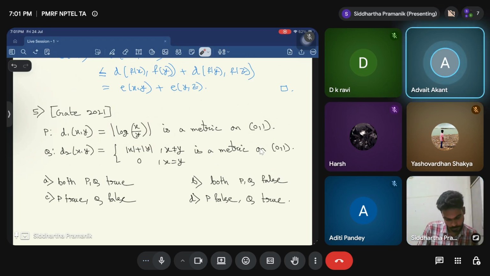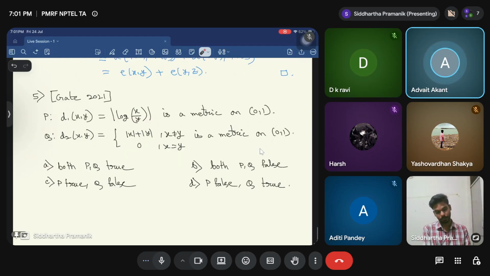Because it is clearly non-negative. And the distance between x and x equals the absolute value of log x by x, which is the absolute value of log 1, which is the absolute value of 0, which is 0.